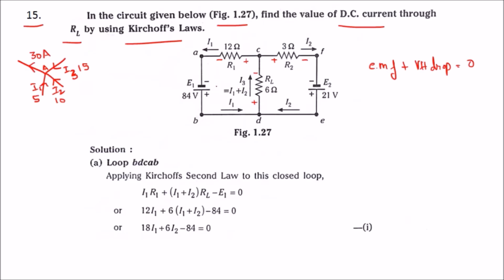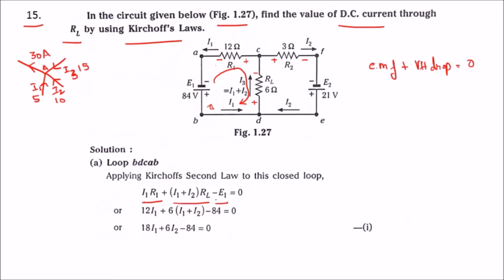So we have given, first, we will take from this direction. So first we will have I1 R1, this is the Kirchhoff law, plus (I1 plus I2) into RL, and as this direction is this, we are taking from this, it is minus, which is equal to 0.